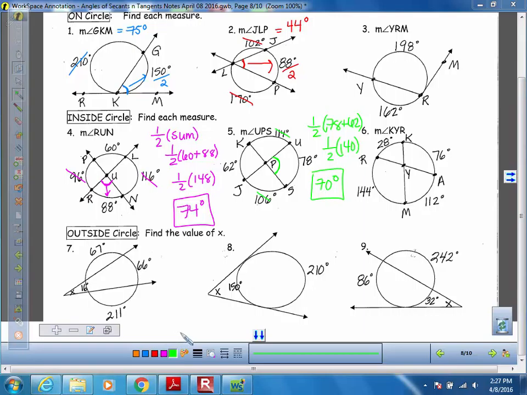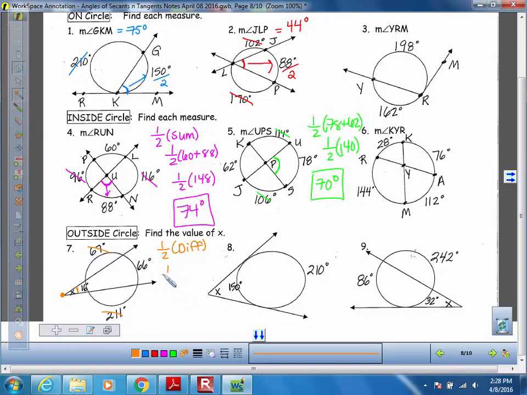All right, last, let's look at some outside ones. So in 7, they asked me to find x, which is this angle in the corner. Since I can clearly see, and it gives me that it's outside, we're doing 1/2 times the difference. So which 2 measures do I not need, Caroline? 211 and 67.